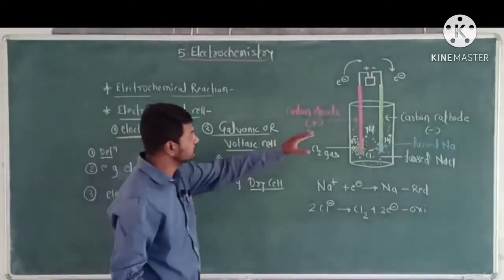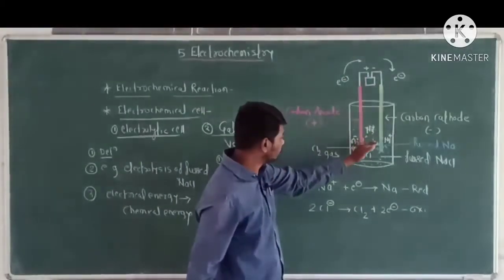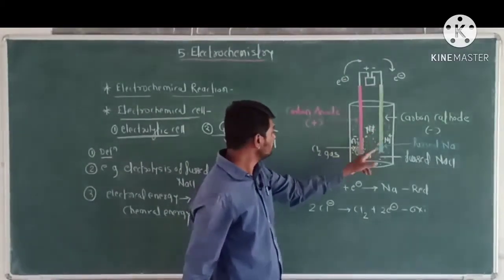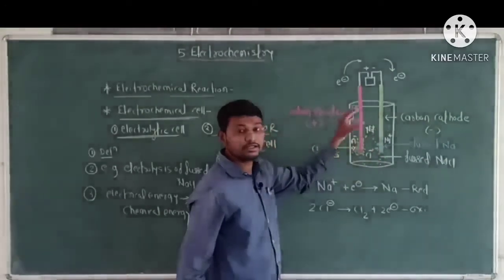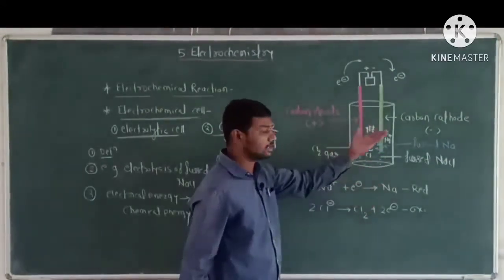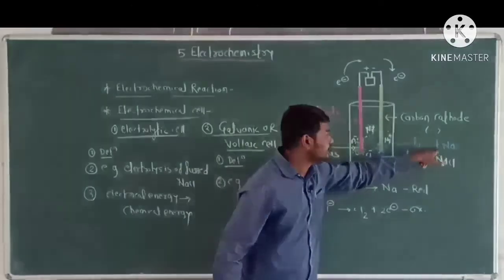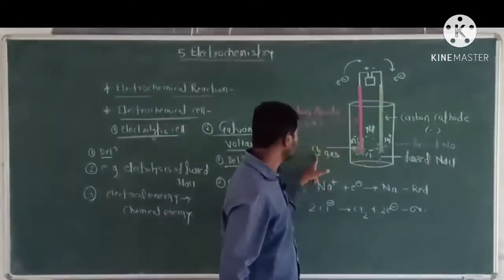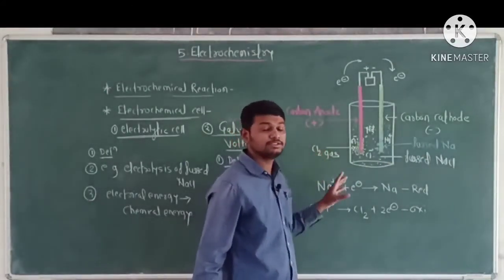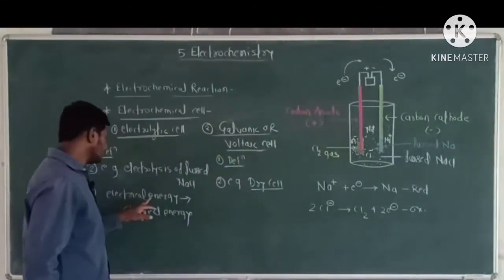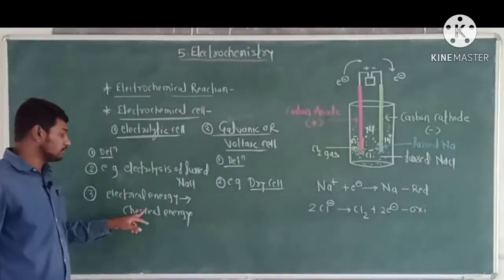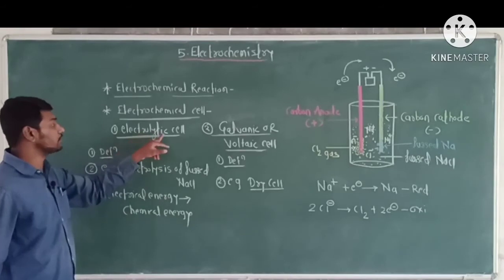Let's see here. Electric current is passed into the solution, and due to this electric energy is converted into chemical energy here to form sodium and chlorine gas. That means the electrical energy is converted into chemical energy in an electrolytic cell.